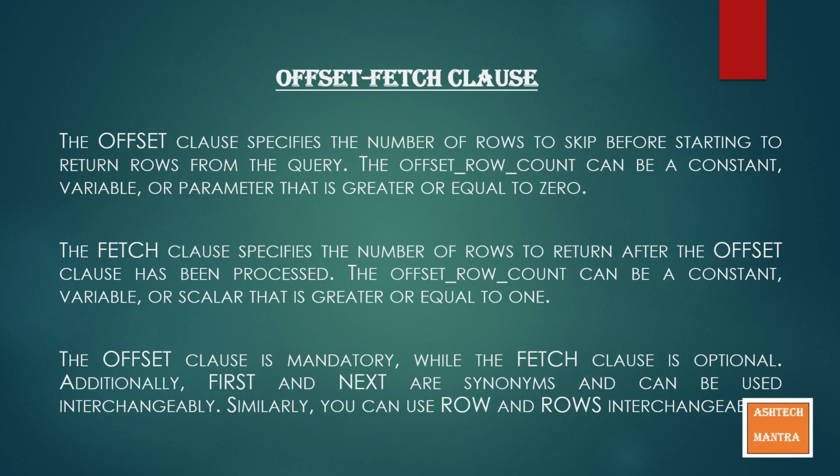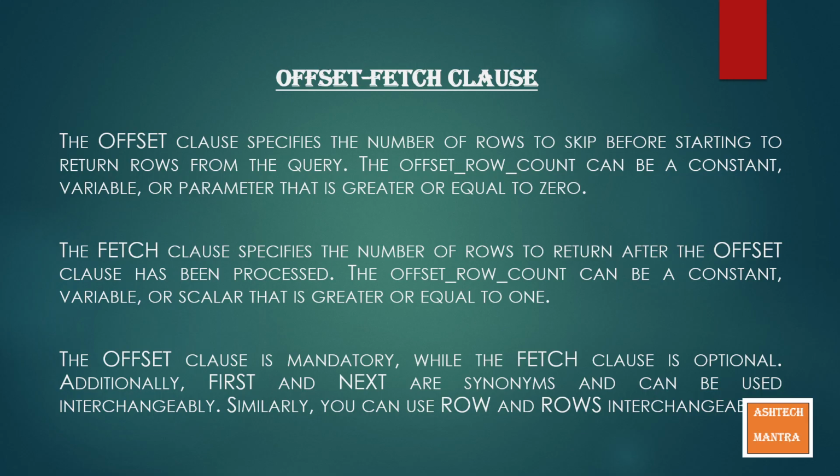So the OFFSET keyword is used to skip the number of rows. If we are using OFFSET 10 ROWS, then it will skip the top 10 rows and show us rows only after those 10 rows. And I will explain these things in detail by using some examples.